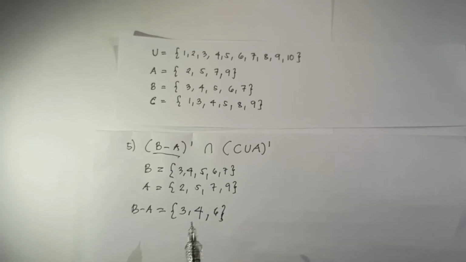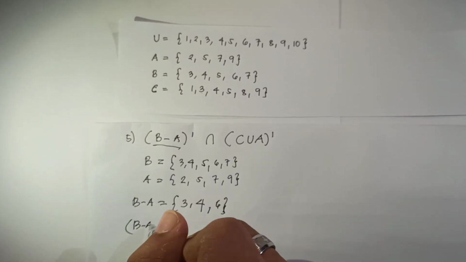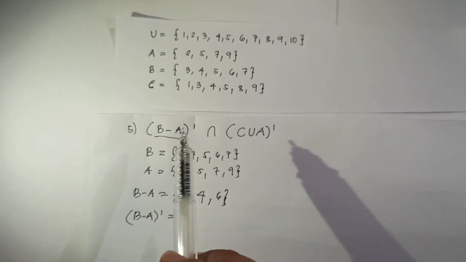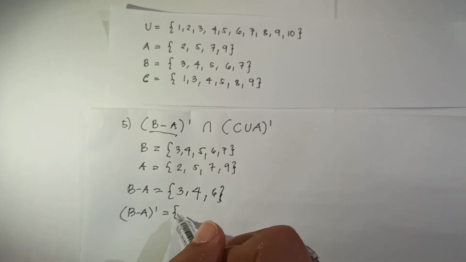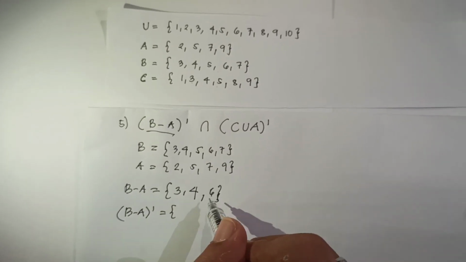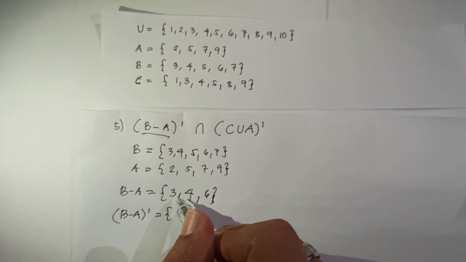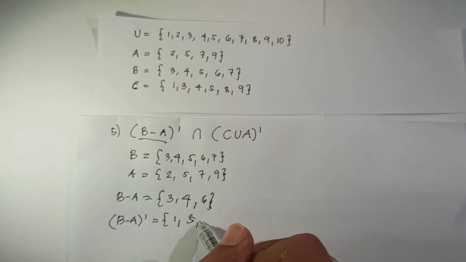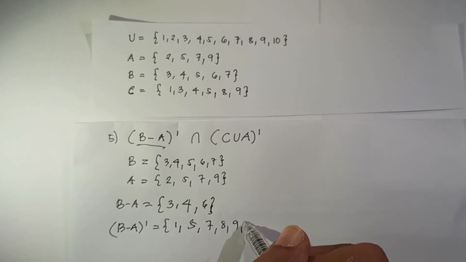So B minus A. Since naka-prime po siya, so B minus A, then prime. So, we are going to refer to the universal set, which is 1 to 10. So, therefore, we will not include 3, 4, 6. So, we will just write 1, 2, 3, 4, 5, 6, 7, 8, 9, and 10.